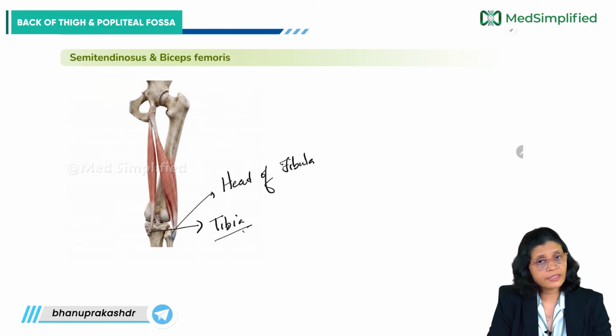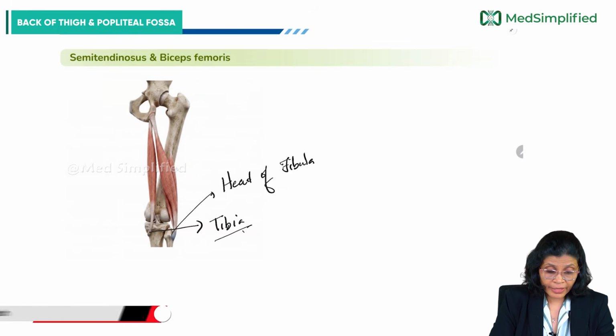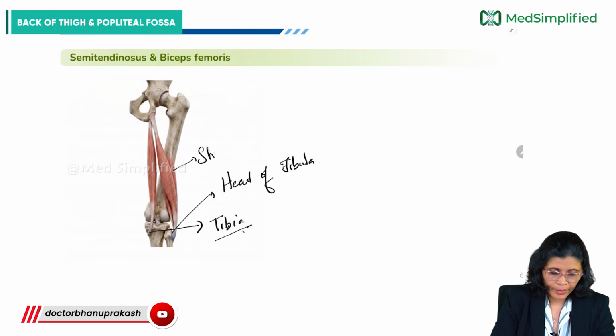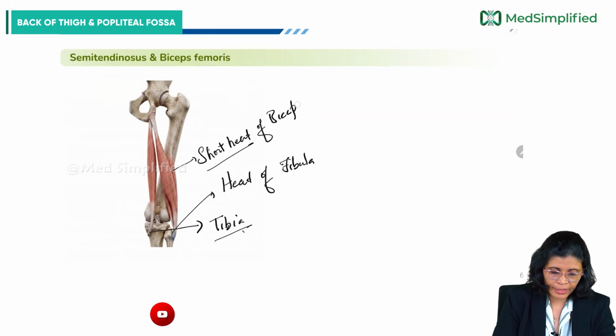So it obeys the second rule too, and the third rule, it is supplied by the tibial component of the sciatic nerve. Whereas the short head is not supplied by the tibial component. We will come to that.